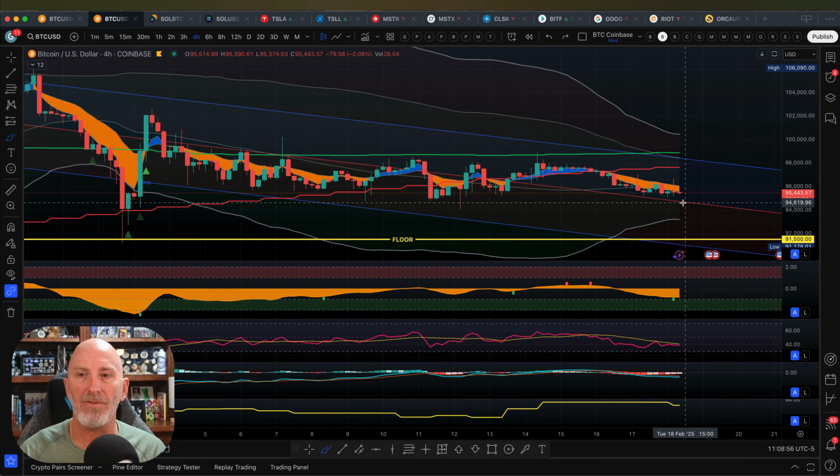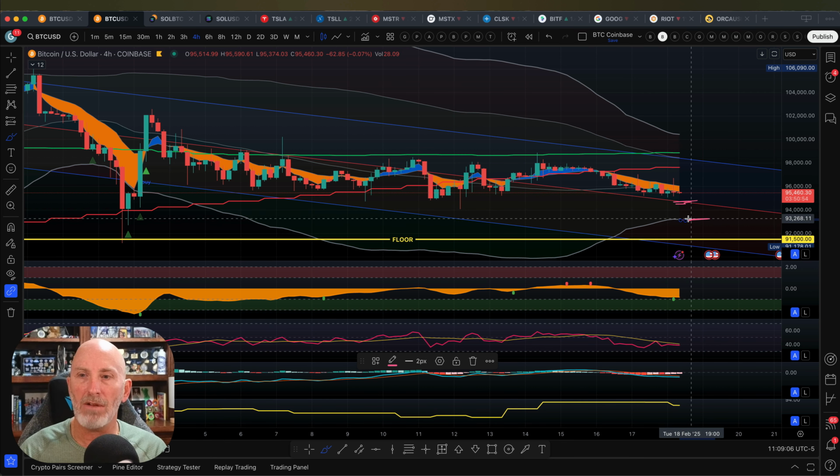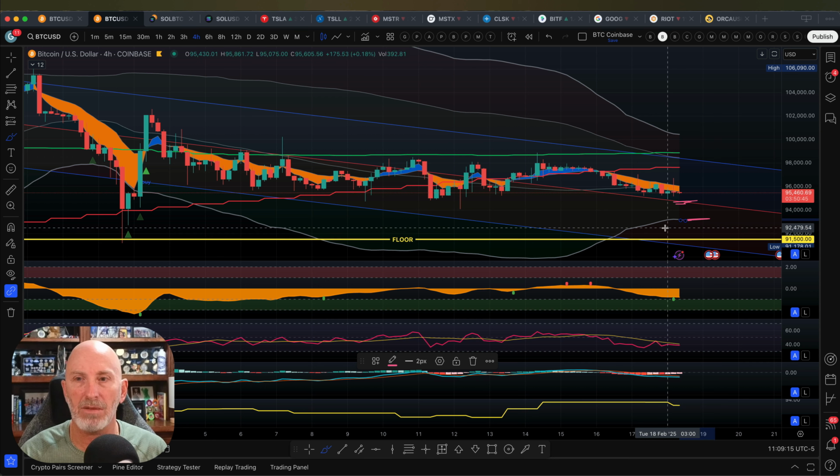So first off, our short-term support level would be right here around $94.5, $95,000. That's the midpoint of the channel. Next down would be right around 93,000. That's the bottom of the bearish confluence cloud. So that's the expected range that the asset could be trading in.